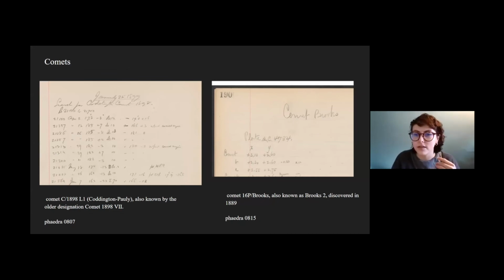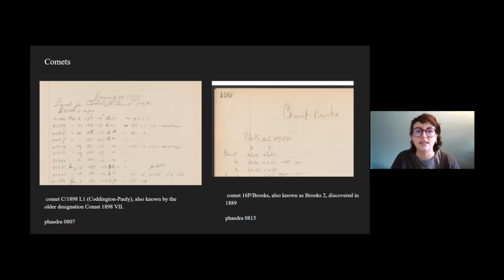These are two examples of comets that have been identified in the notebooks, and over time, names of objects change as we learn more about them. What was originally identified on the left in 1899 is just called Coddington Comet. The name has changed a bit, and the same thing with Comet Brooks on the right.